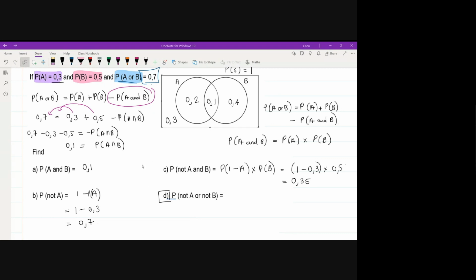Okay, so I'm going to redefine this very quickly because we need to make sure we know exactly what it is that we're doing here.